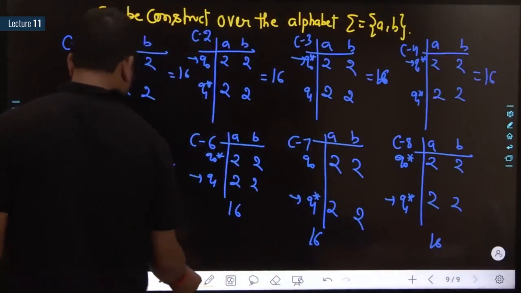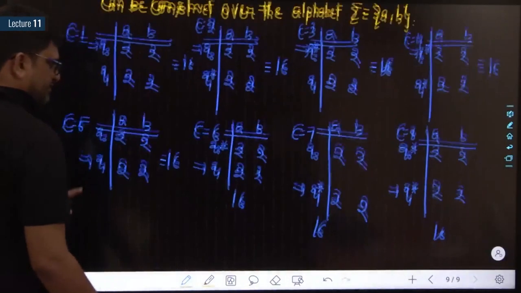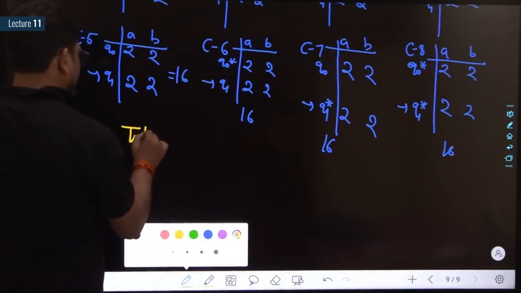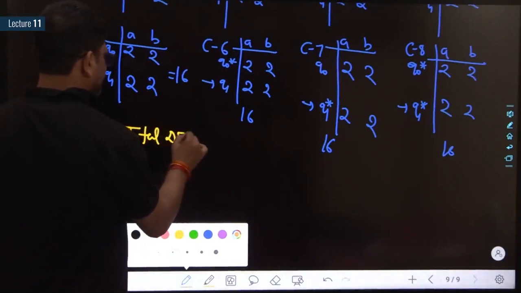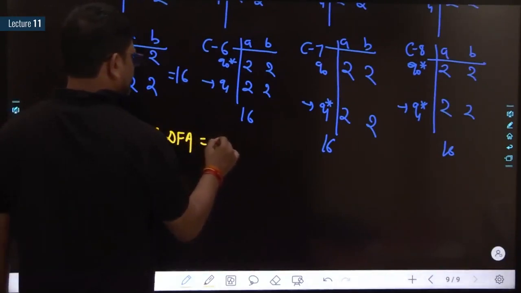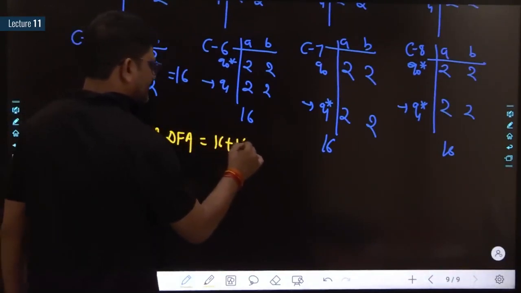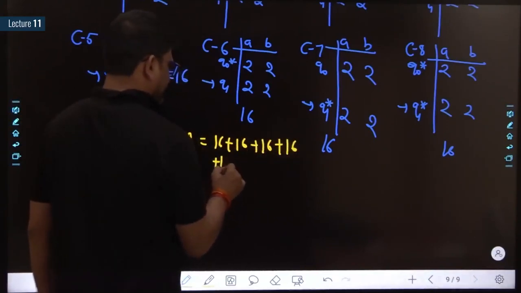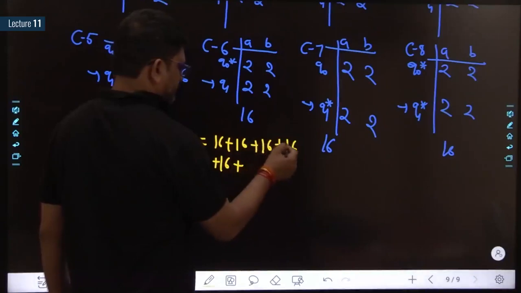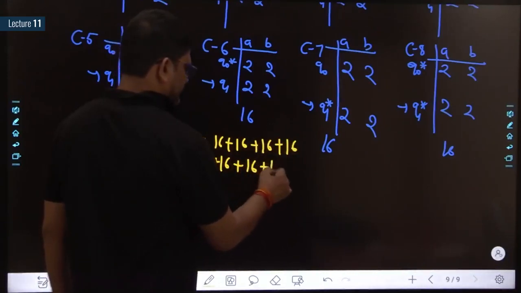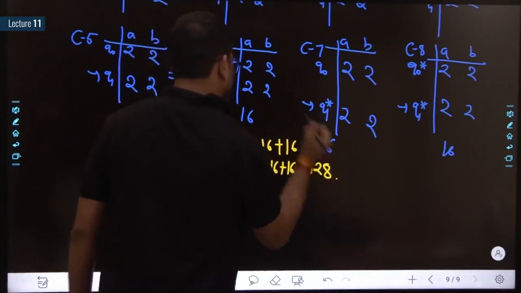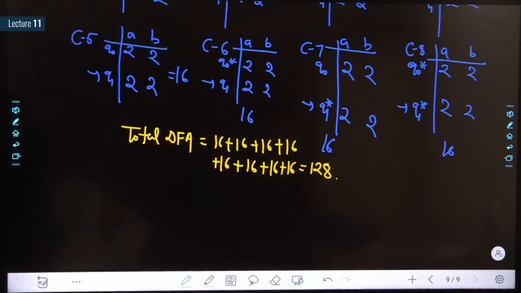Total number of DFAs that satisfy the following condition is 16, 8 times, equal to 128. Is it clear to you? Please check.